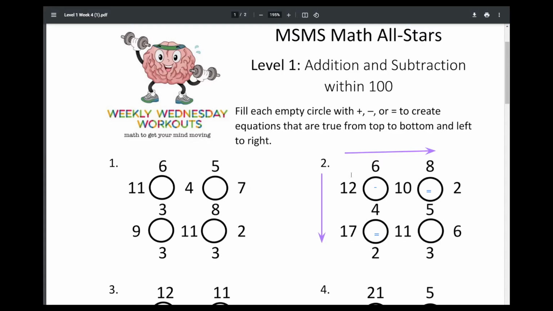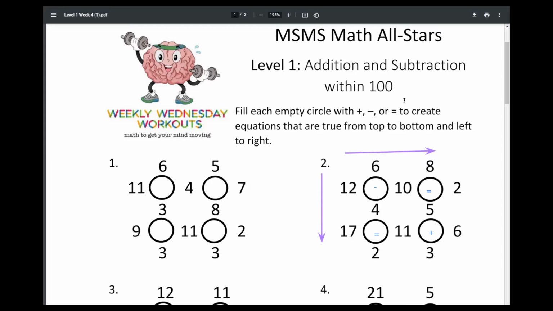Great job. So we gotta check our work here, make sure these all work out. So 12 minus 10 equals 2. Give me a thumbs up if that's true. 12 minus 10 equals 2? What about the 17 equals 11 plus 6? Thumbs up.